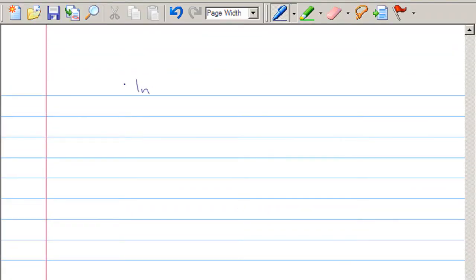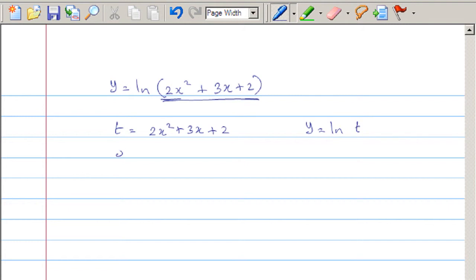Okay, let me take another example. So let's say we have y equals ln of, say, 2x squared plus 3x plus 2. Once again, you take what this function here is. I have ln of some function, so you make that your t substitution to use the chain rule. So let's say t is equal to 2x squared plus 3x plus 2. So I get y equals ln of t, and once again, if I take dt over dx, I would get 4x plus 3, that is differentiating this function here, which gives dy over dt is equal to 1 over t.